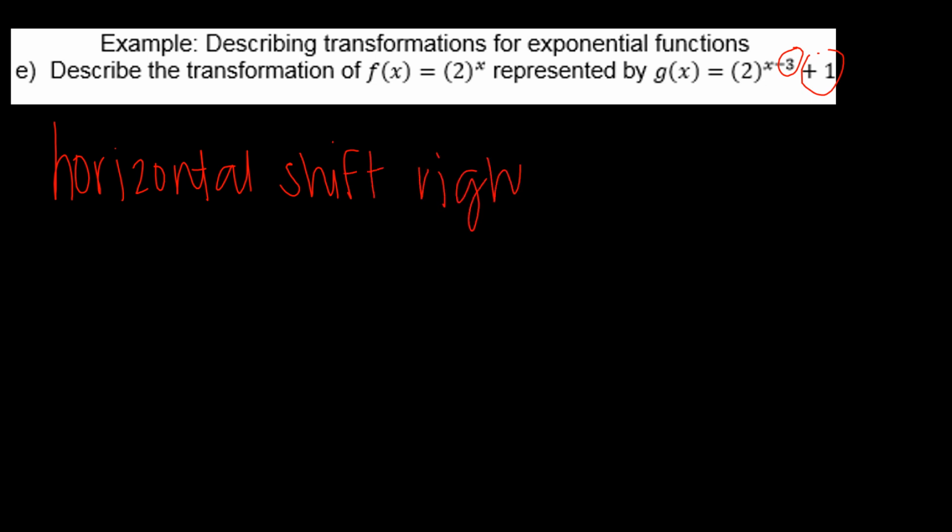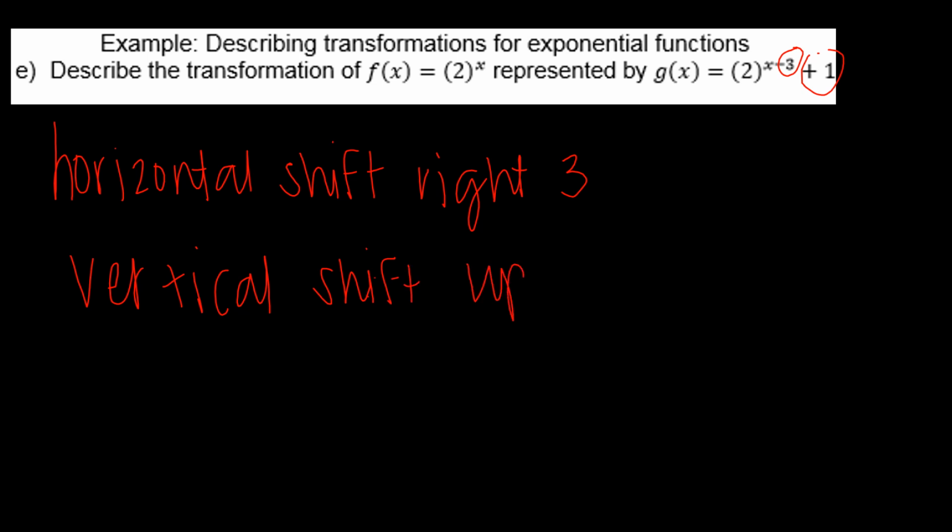So minus 3 is attached to your x, so I know that's a horizontal shift, and then minus opposite is right, 3. Okay, and then the plus 1 is on the outside, so that's a vertical shift. And then plus would be up.